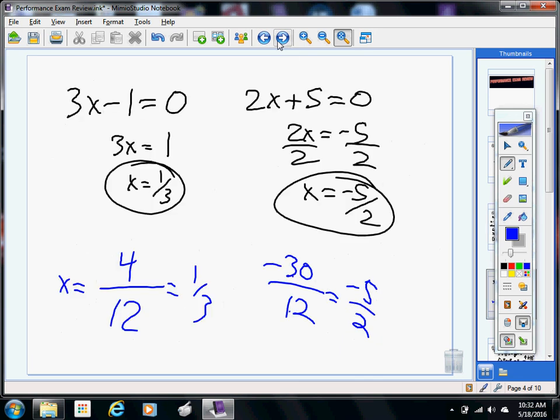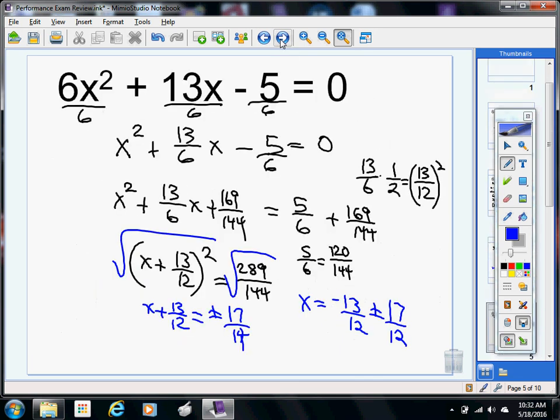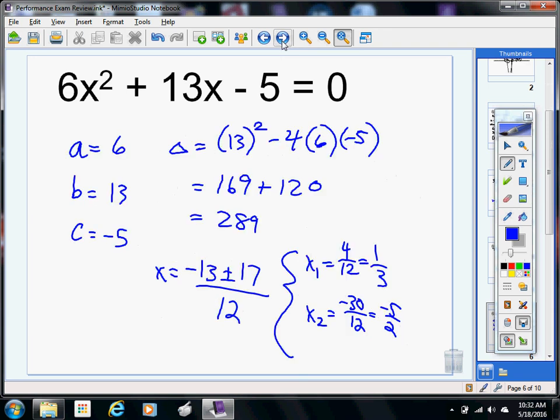A third way is completing the square. And a 4th way is the quadratic formula. You are going to be able to choose the method by which you solve this one. Number 1 may be a choice. It may not be. But we're all going to choose number 4.